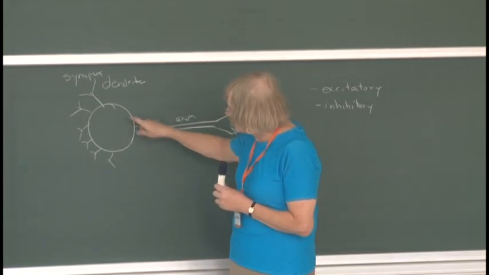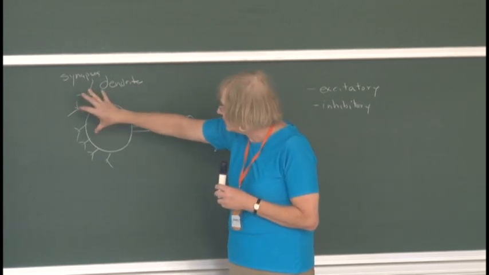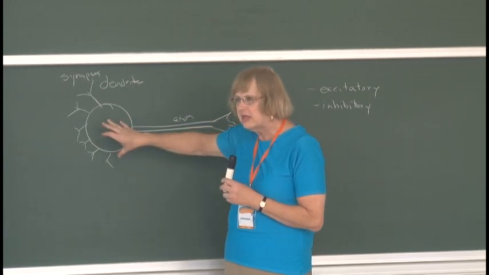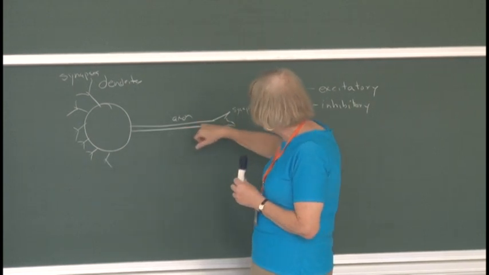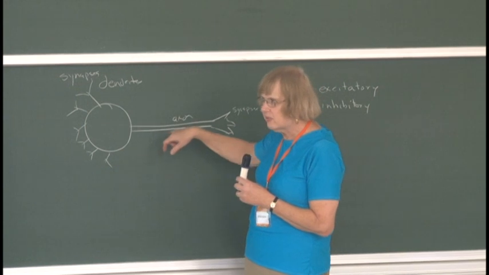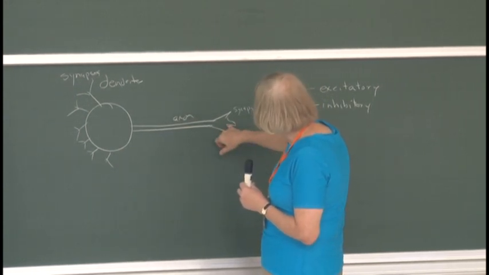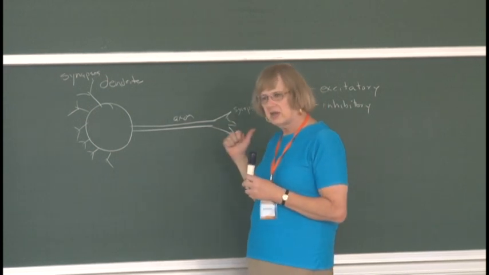Right? But it's going to decide how frequently to fire based upon the rate at which pulses are coming in here. Those are going to be transmitted down the axon, which is once again pretty much, I think of it as a transmission line, and then they're distributed out at the other end to synapses that go on to the next neuron.